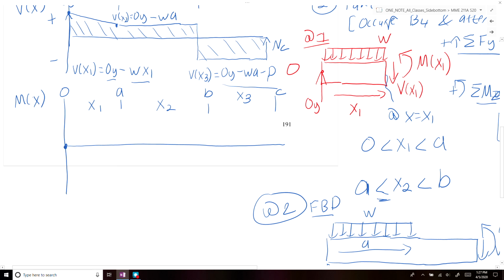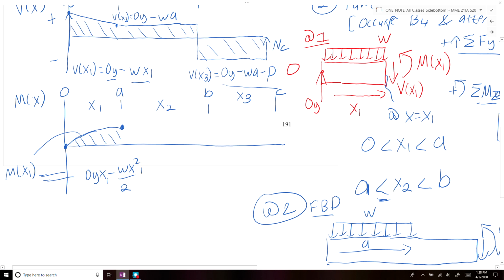All right, so it's going to have something like this. All right, and this is the M of x1 function, which is equal to O of y x minus w x squared over 2.